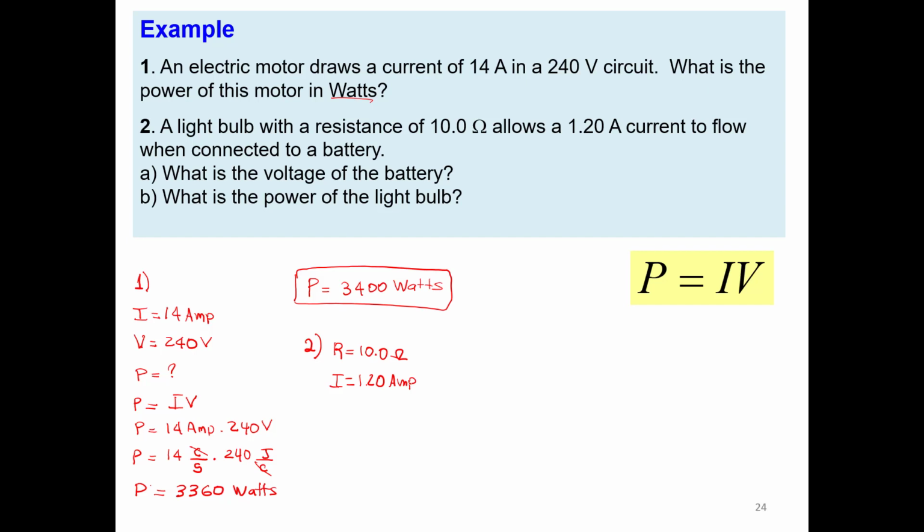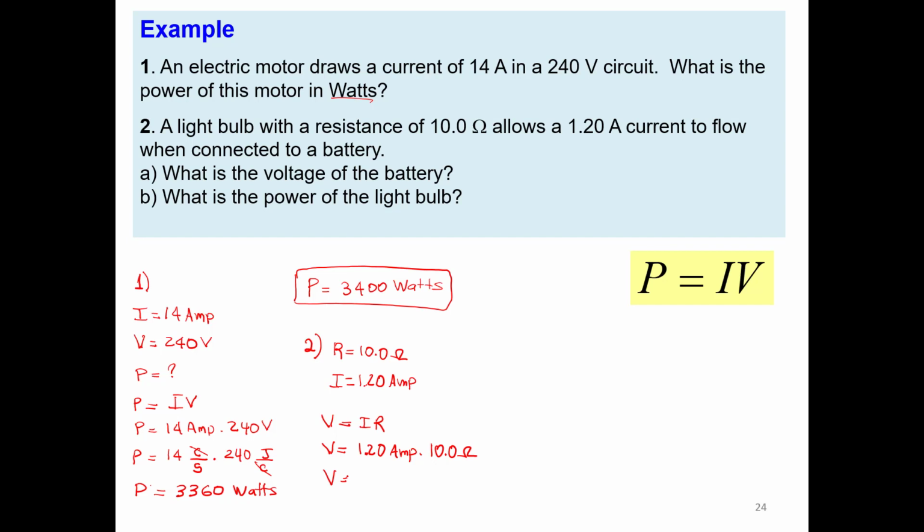Then let's see what is the voltage of the battery. Then we know voltage equals current times the resistance, as this is Ohm's law. And let's now multiply this. The current will be 1.20 amp multiplied by the resistance, which is 10.0 ohm. And let's see the units.